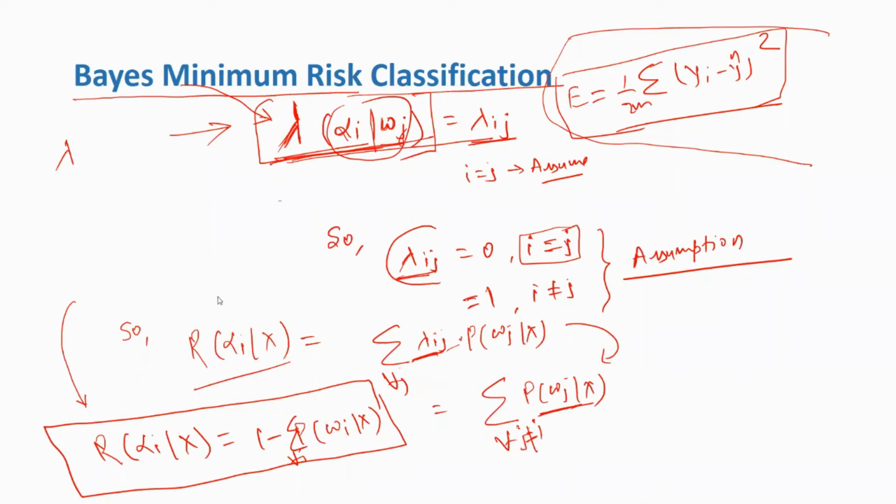Now I am interested in calculating the risk. What is the risk? What will be the maximum risk? What will be the minimum risk? At what value of something the risk will be minimum or maximum? I'm more interested in that. Now, come to that point.